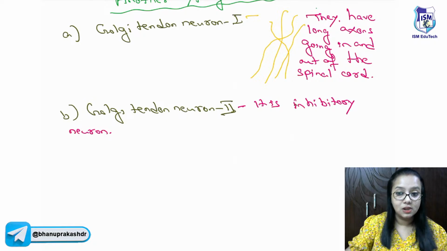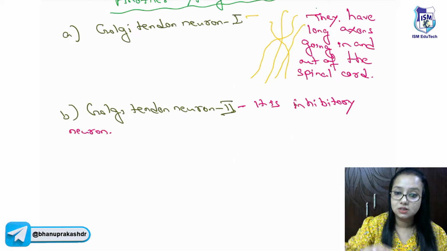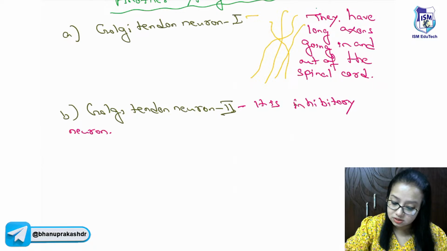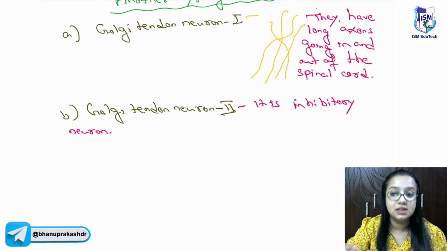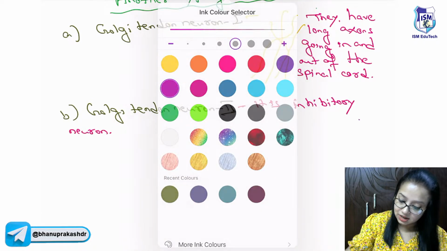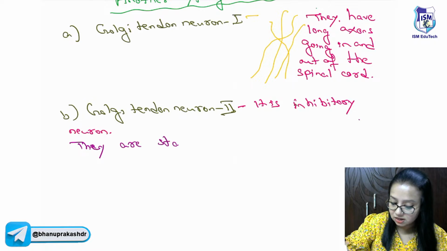Why so? So that the leg is not extended too much, and the reflex does not go too far front. This is usually inhibitory, up to 98%. All these Golgi neuron type 2 are inhibitory in nature. Morphological study reveals that they are star shaped.